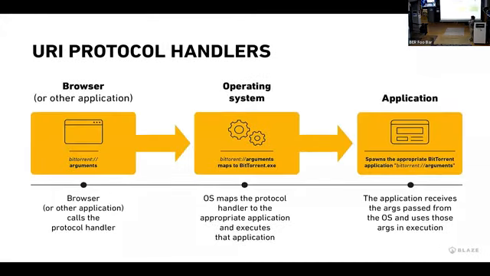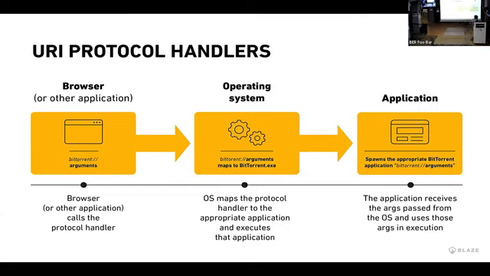So as we see here, the browser will call the application. As I just mentioned, if you have a bittorrent:// link, the operating system will map it by going to the Windows registry and seeing, oh yeah, I actually know this handler, and this is the program that I should call whenever I see it.